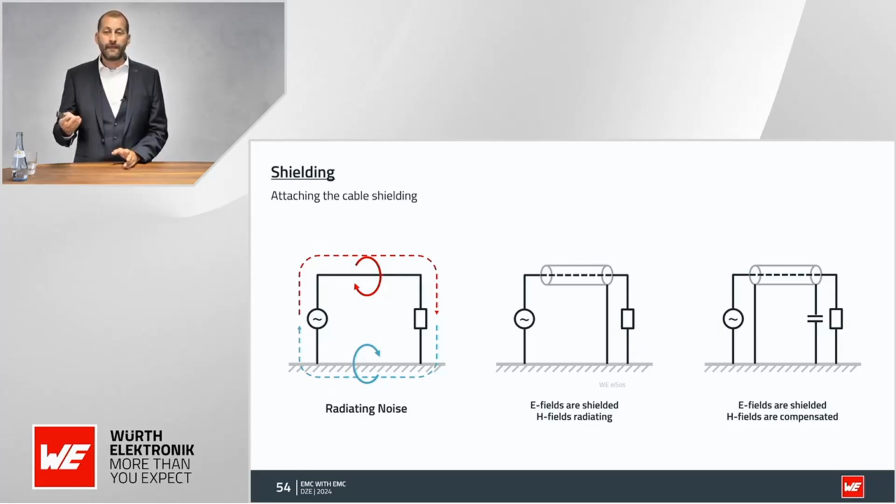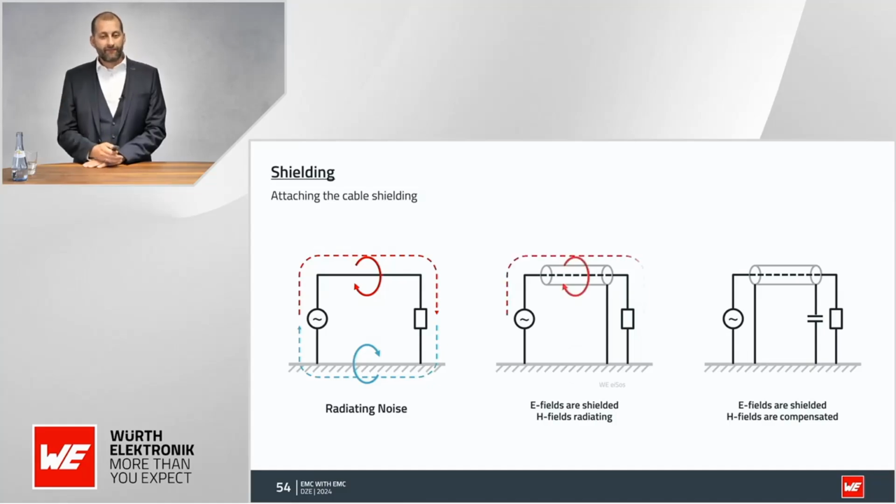So the only happy guy in this scenario is going to be the cable harness maker. Why? Well, because he can sell you the more expensive shielded cable and has no additional work to do.